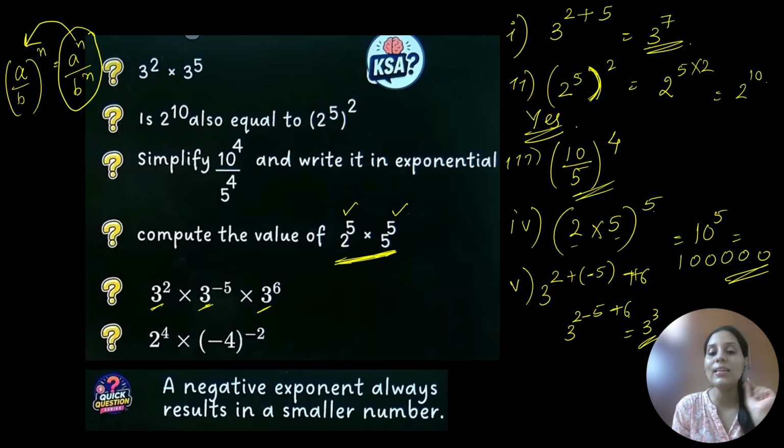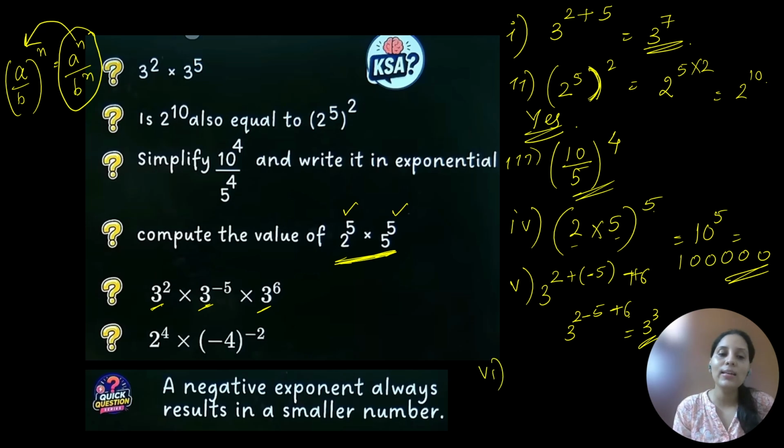So different signs is always subtraction. So always make sure that when you have more than two numbers, you need to simplify in such a manner that all same signs you're going to add. Whether it is plus plus or minus minus, same signs addition, different signs subtraction.